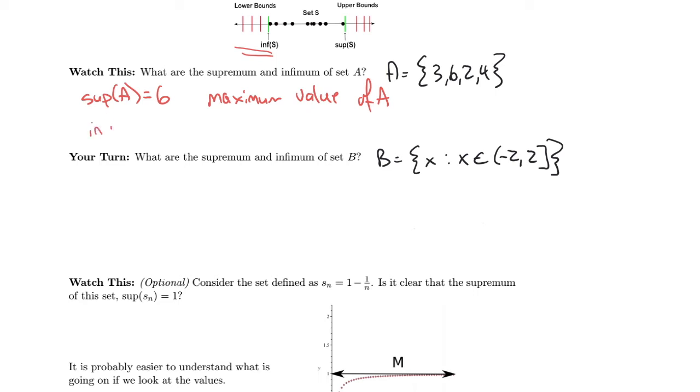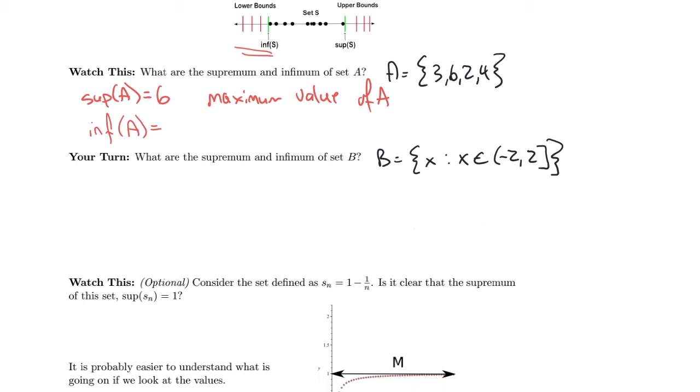Now, on the other hand, let's take a look at the infimum of A. In this particular case, notice that the smallest value of set A is 2. That's one of an infinite number of lower bounds to the set, but it is the largest one, because other lower bounds could have been 1, 0, negative pi, negative 100, whatever.